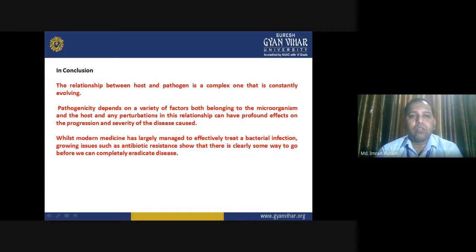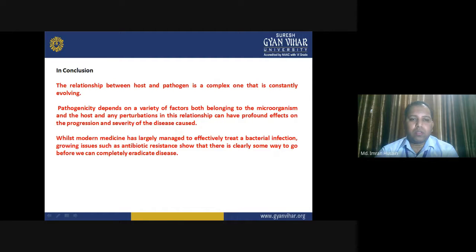In conclusion, we can say that the relationship between host and pathogens is a complex one that is constantly evolving. Pathogenicity depends on a variety of factors, both belonging to microorganisms and the host, and any perturbations in this relationship can have profound effects on the progression and severity of the disease caused.